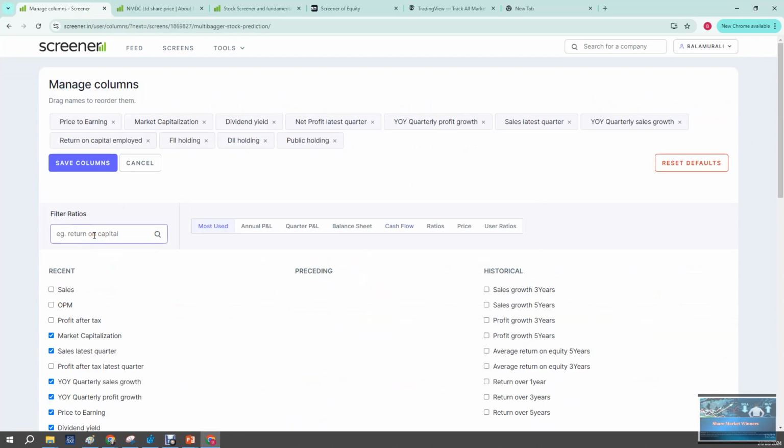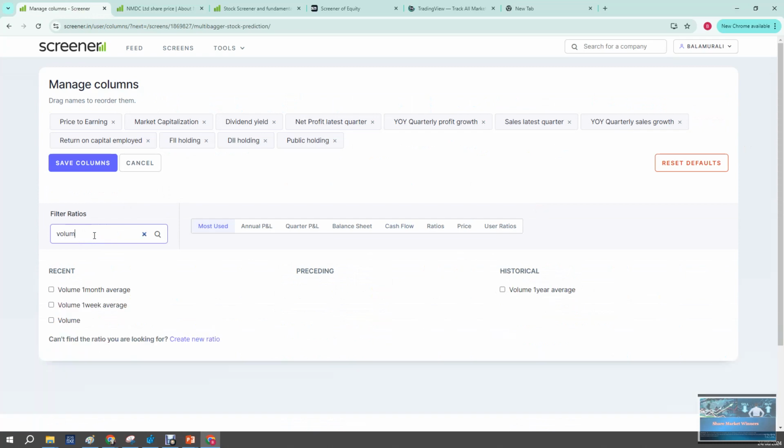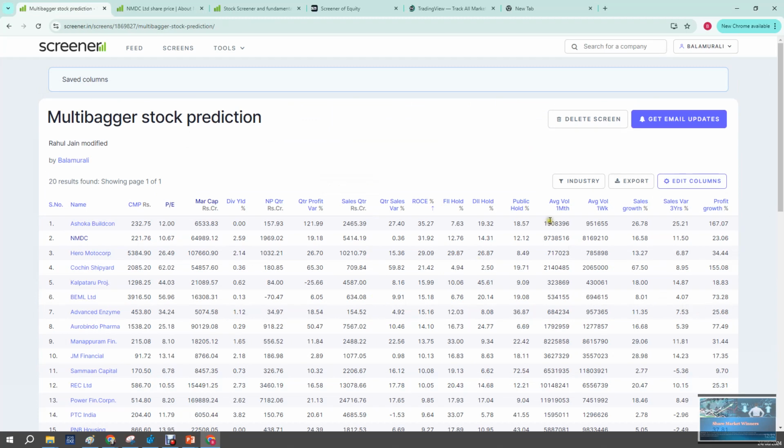Weekly volume, monthly volumes, you can see whether the volume keeps increasing or not. So that way you will get to know whether the average monthly volume is increasing compared to the weekly volume. That comparative analysis you can do, and even a day volume you can add, I think.